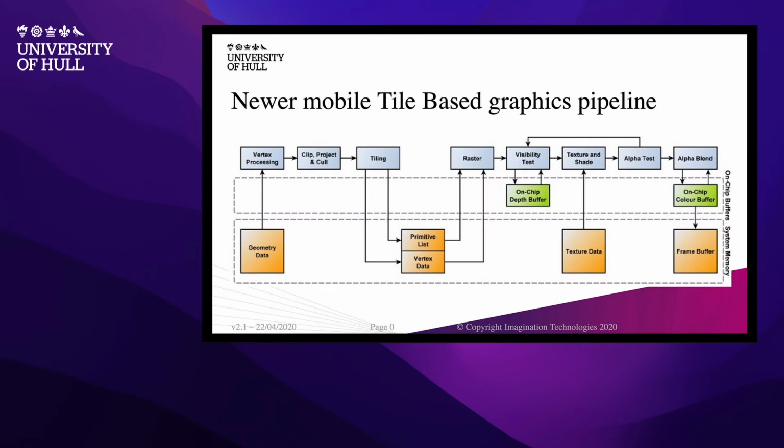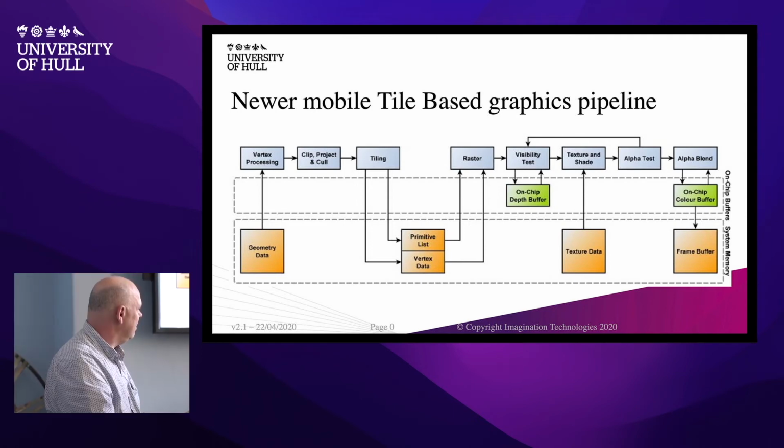So looking at that, one of the things we can now do is put an on-chip depth buffer, because it's only 32 by 32 for each tile, and a color buffer, basically. Again, in that example I did 32 by 32, but it would depend on the hardware. So we've added in this extra tiling part, so each tile has its own primitive list and access to the vertex data, and these can all be done in parallel, which is much quicker.